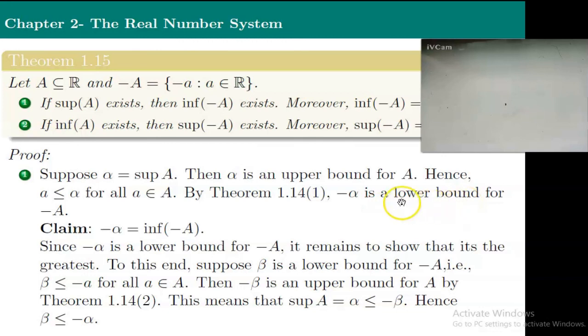Therefore, since alpha equals the supremum of A, negative alpha is equal to the negative supremum of A, which is equal to the infimum of negative A. So we're done. Now, number 2 is your problem set.